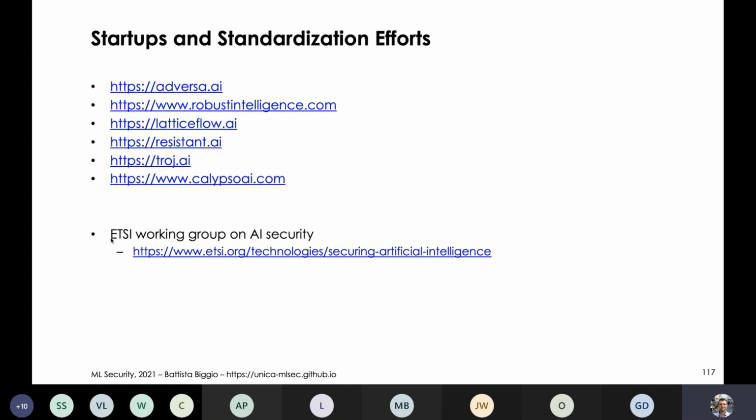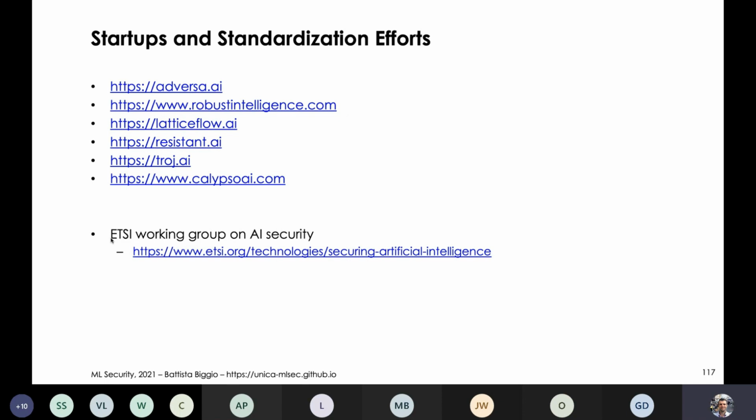The third piece of evidence that the problem is relevant, or gaining increasing interest, is that you have this ETSI working group. This is a standardization body, and they are starting to give guidelines on how to provide certification and standards for robust AI methods.